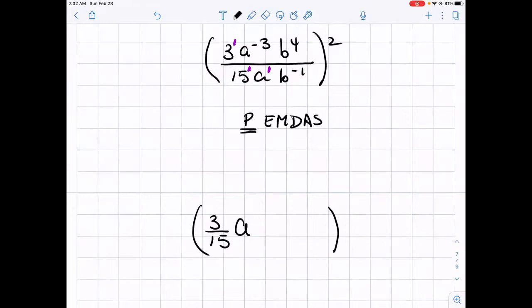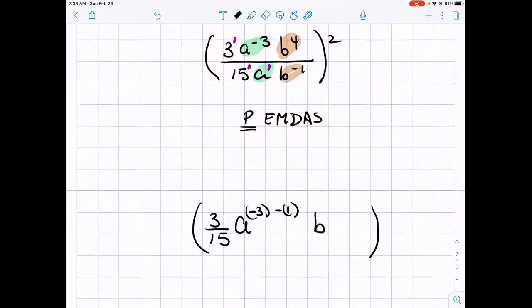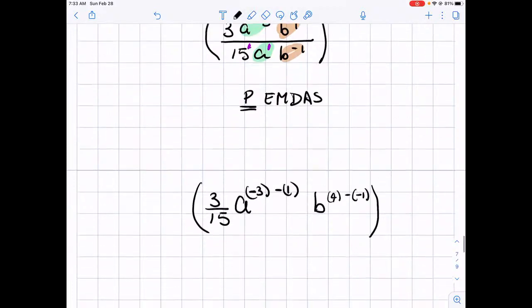And then we have a to the minus 3 power minus a 1 power, right? Because here we have what is called like base. And then we also have the same thing for the b. So now we have b to the fourth power minus a minus 1 power. And that's the reason I like to put it in parentheses.